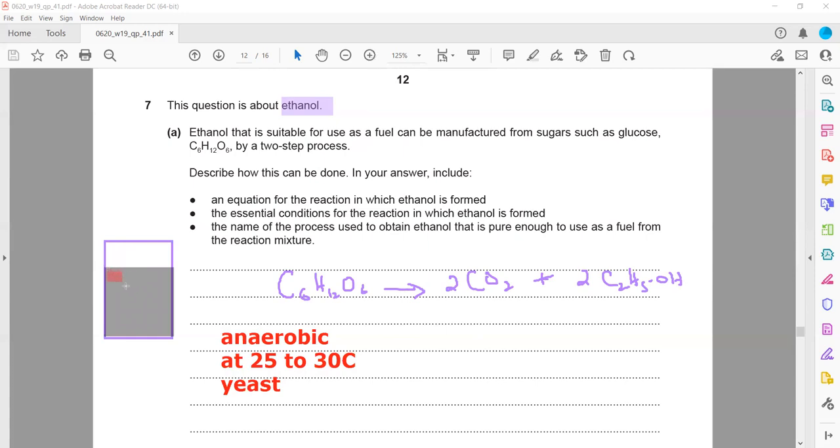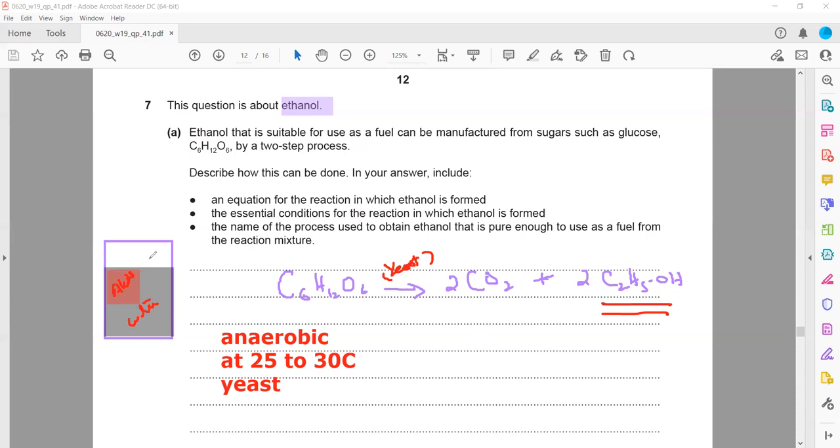Gradually, the sugar solution converts into alcohol, but after a certain time interval, the reaction stops. What is the reason why the reaction stops? Because in alcoholic conditions, yeast cannot survive. So as the yeast cannot survive, the reaction stops, or a very slow reaction is there. So how can we separate this alcohol from water or the sugar solution?